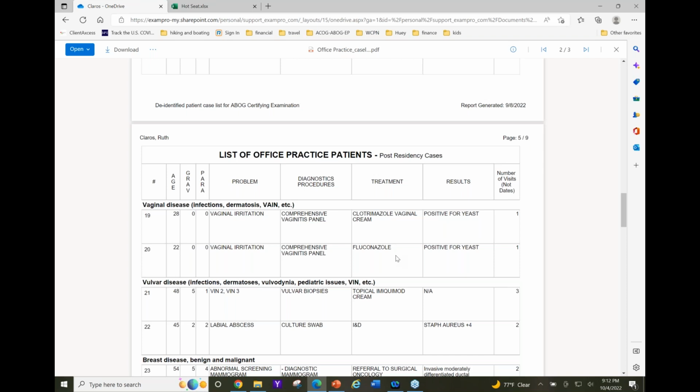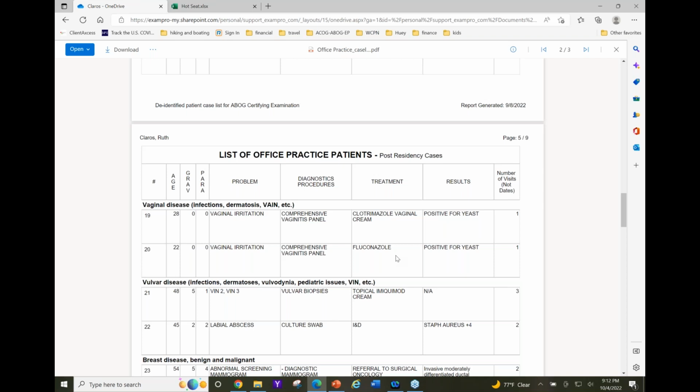I would have to look up the specific value, but I'm going to say it's above a pH of 4.7. And then the presence of gray discharge are the 4 criteria.